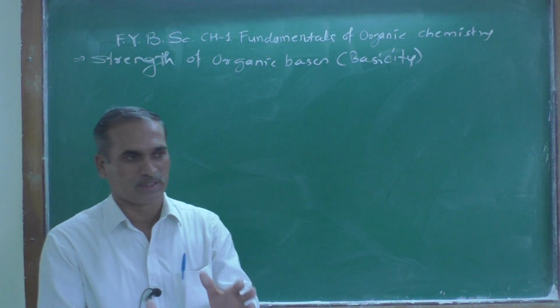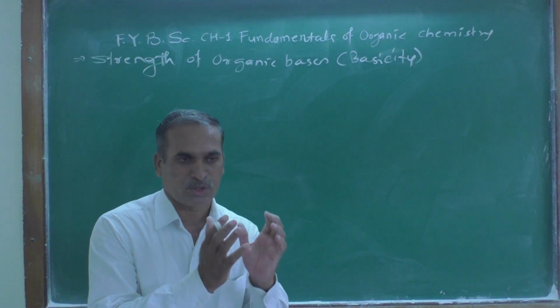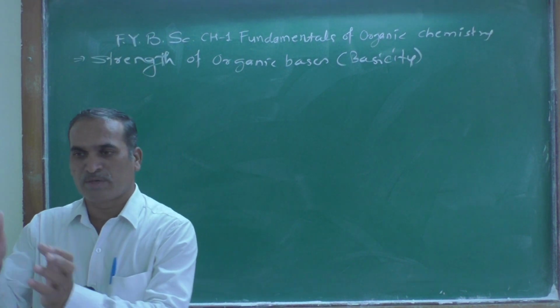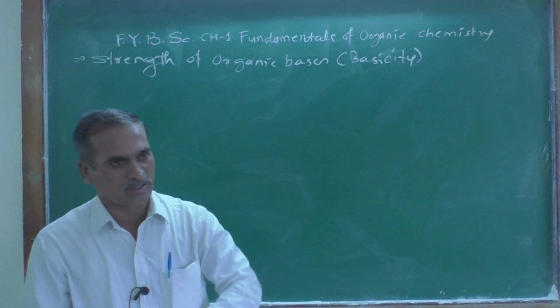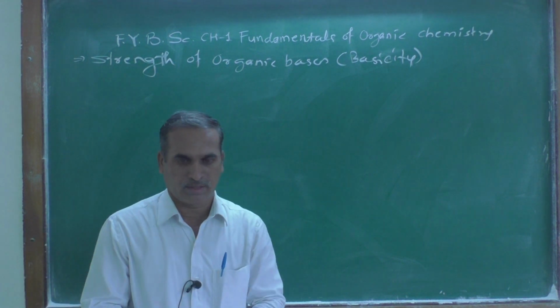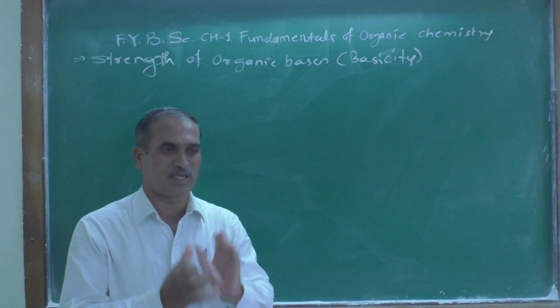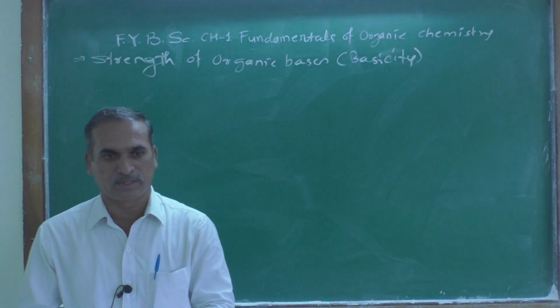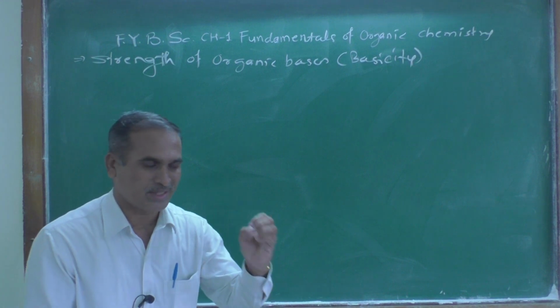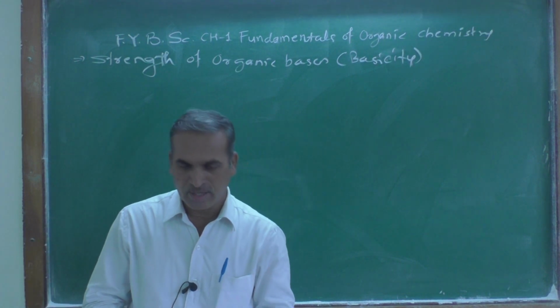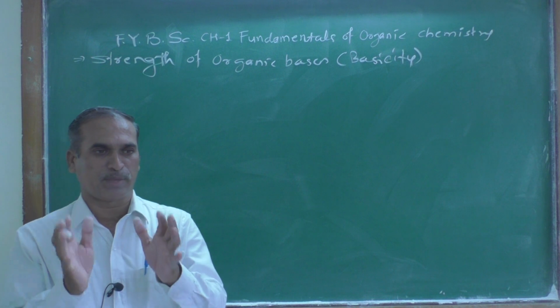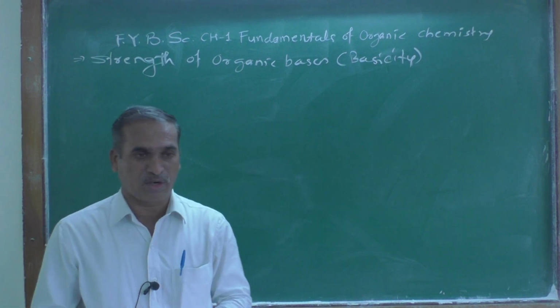Why are some of the bases stronger, why are some of the bases weaker, what are the factors affecting the strength of basicity, that we are going to learn, similar to the strength of acidity. Now just remember, what does base mean?